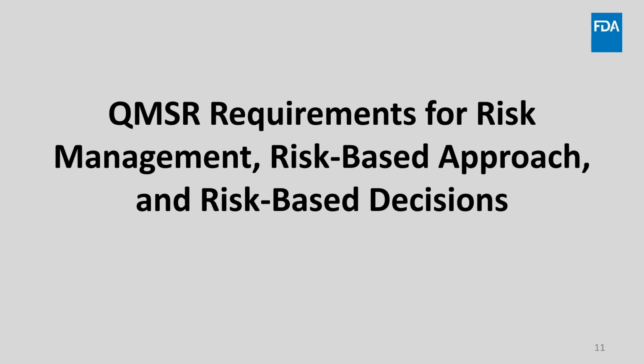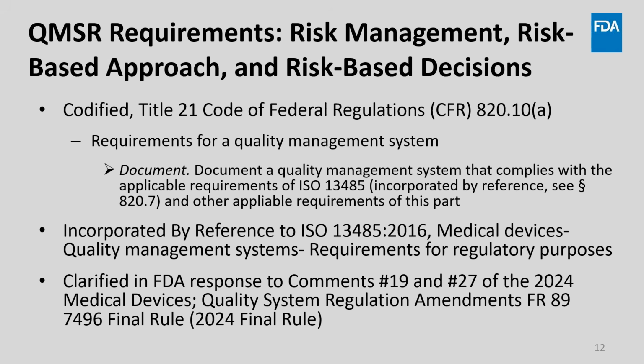Let's now examine the specific QMSR requirements for risk management, use of a risk-based approach, and making risk-based decisions. Title 21, Code of Federal Regulations, Section 820.10(a), requires manufacturers to document a quality management system that complies with applicable requirements of ISO 13485, along with other applicable requirements.